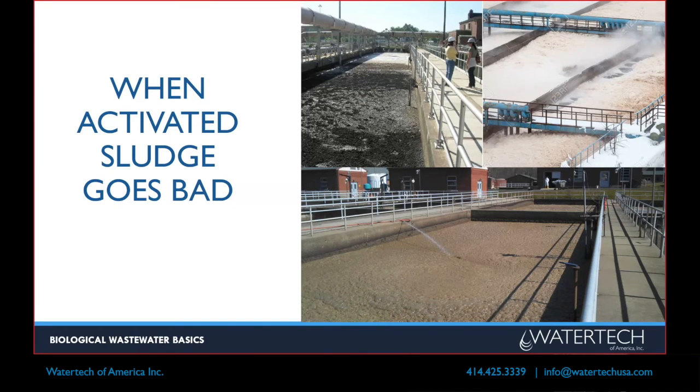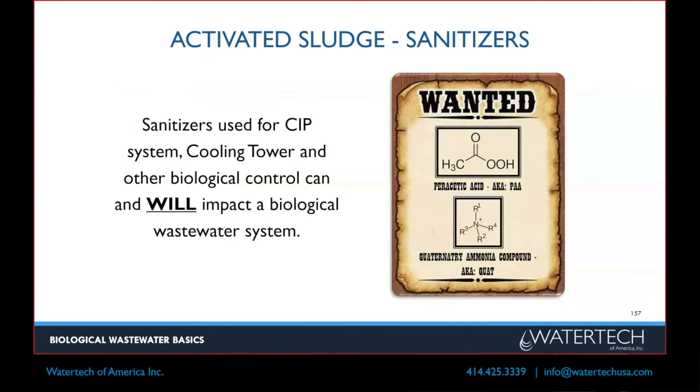Two areas that we hear a lot about causing issues now. One is sanitizers. When I talked about toxicity earlier, there are a lot of different sanitizers that food plants especially will use to treat all their process piping and things like that.